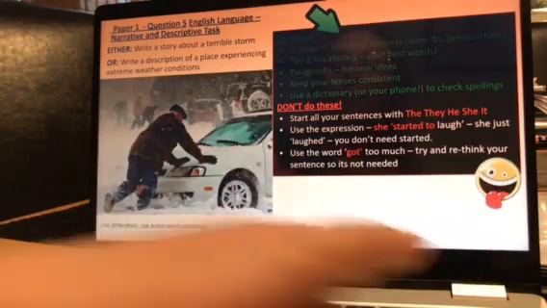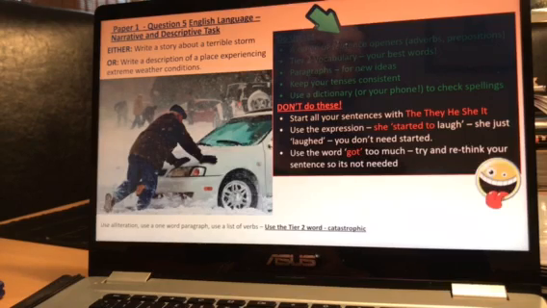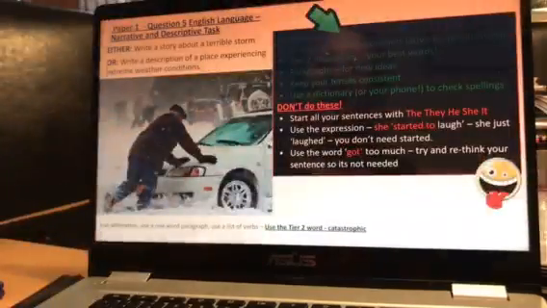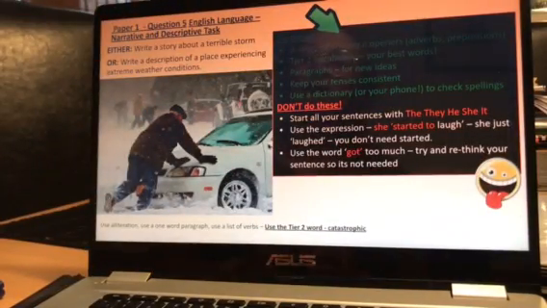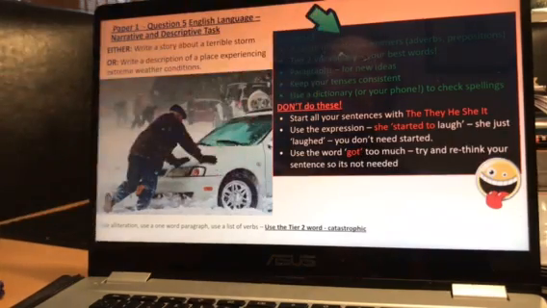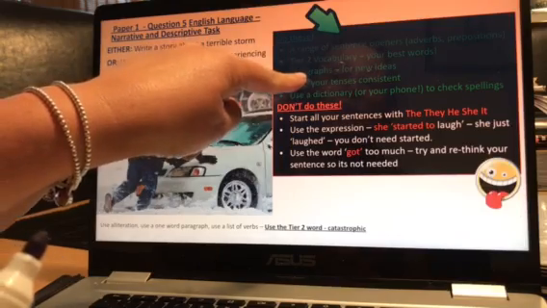On the task that you can pick up from school as a paper copy, this is the task. It's a Paper 1, Question 5, English Language, narrative and descriptive task. These are the things that you should be doing. I've said them several times now. I'm just going to talk about paragraphs.